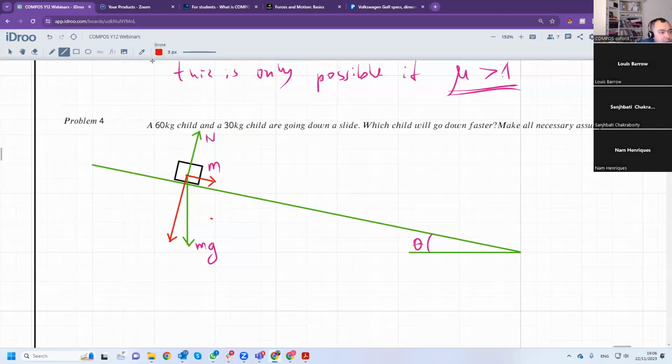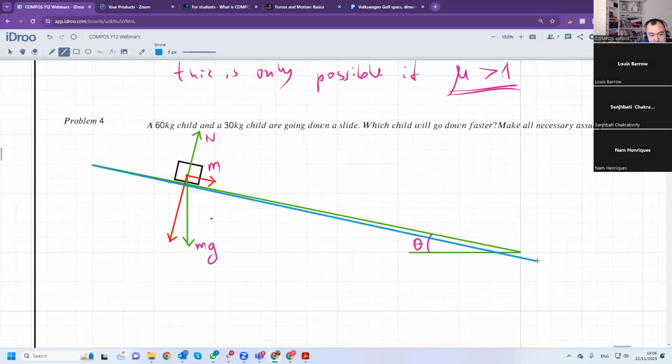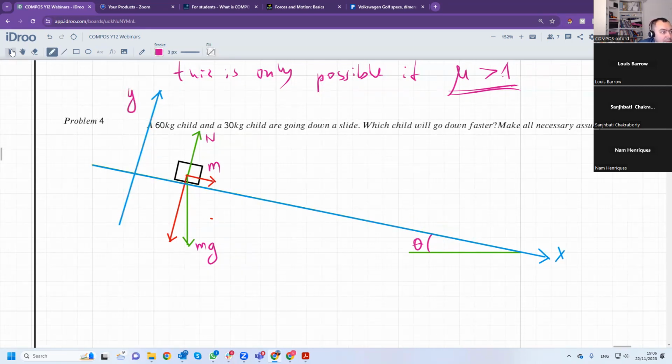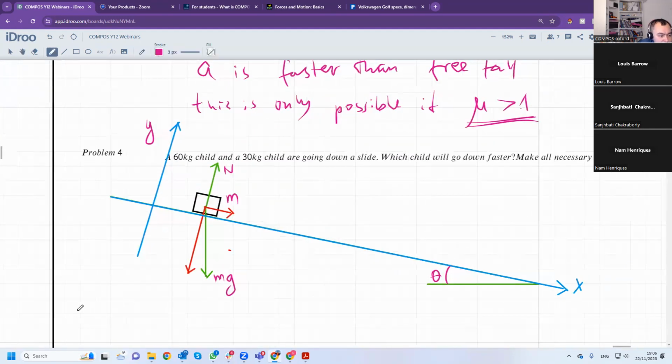I've probably shown you this before. I have the x-axis along the slope, and my y-axis is perpendicular to the slope. So Newton's second law.